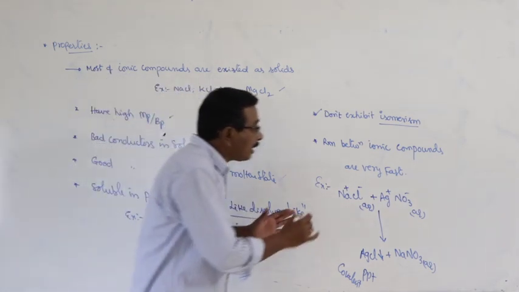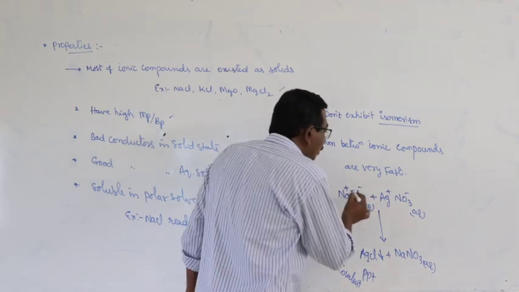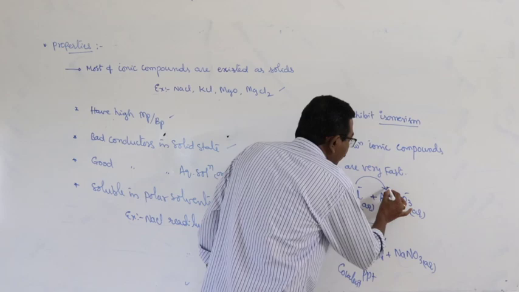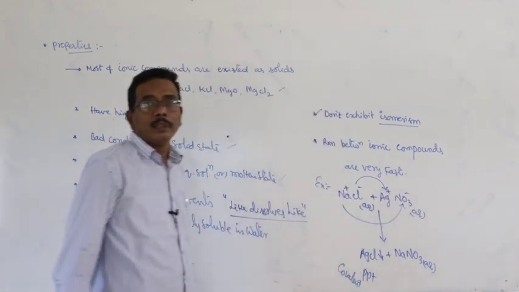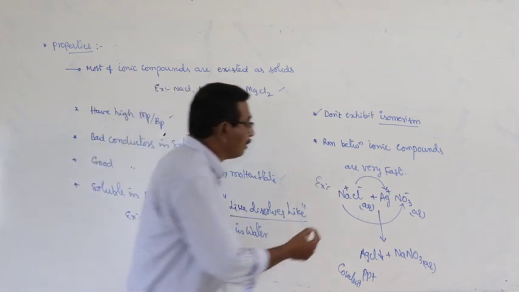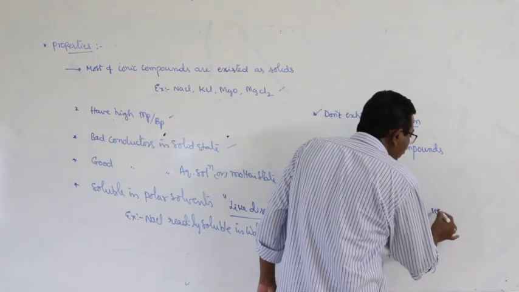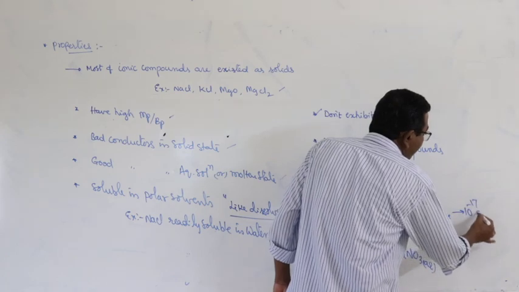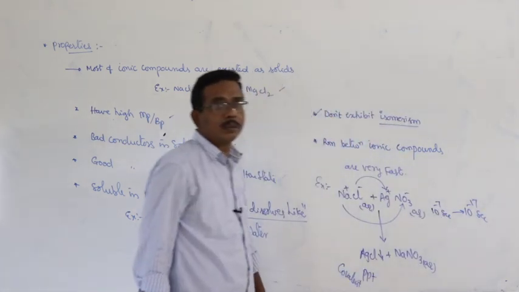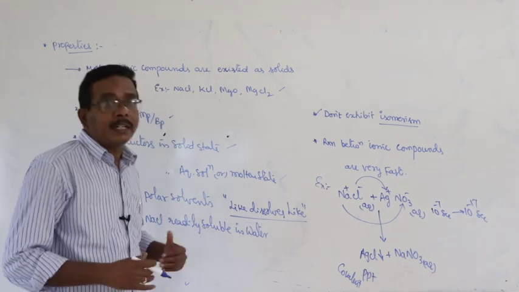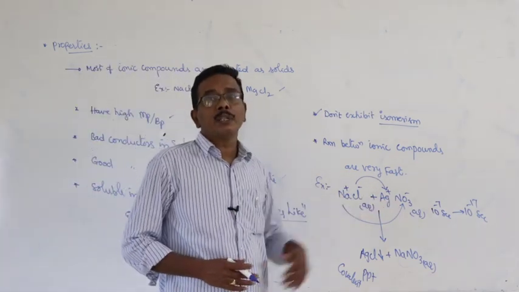During the reaction between ionic compounds, mutual exchange of ions takes place. The ions are mutually exchanged within a small fraction of time, near about 10 to the power of minus 7 second to 10 to the power of minus 17 second. Within 1 second, the reaction goes to completion.